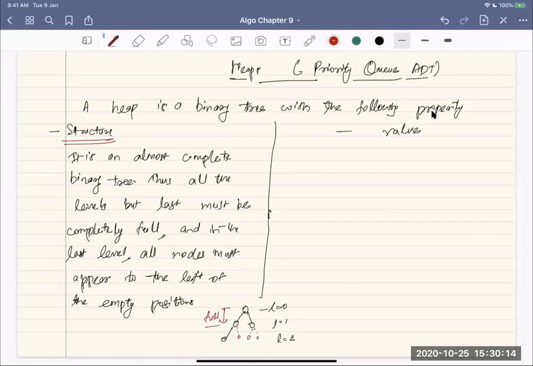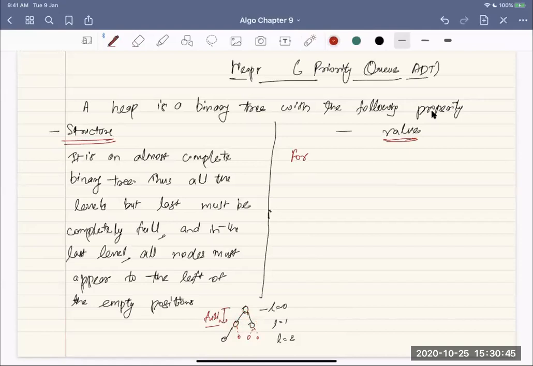Fine, structure is fine, but what is the restriction on the values the nodes can contain? The value restriction is mainly between a node and its parent. What should be the connection between the values of each? The node, parent, left child, right child relationship still holds.